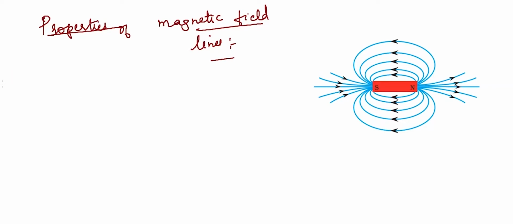The first property that we can see is that all these lines are closed curves.